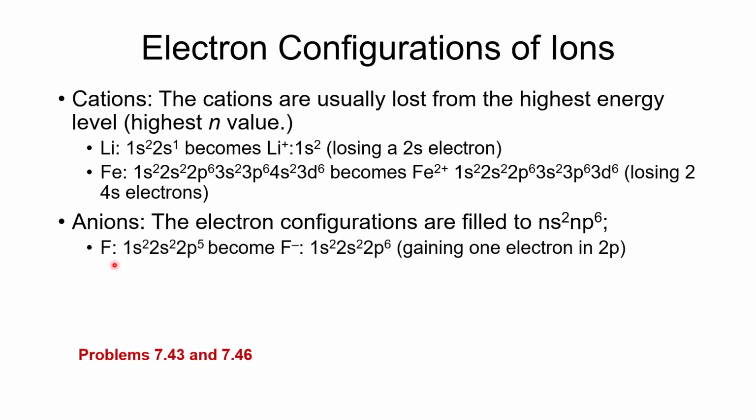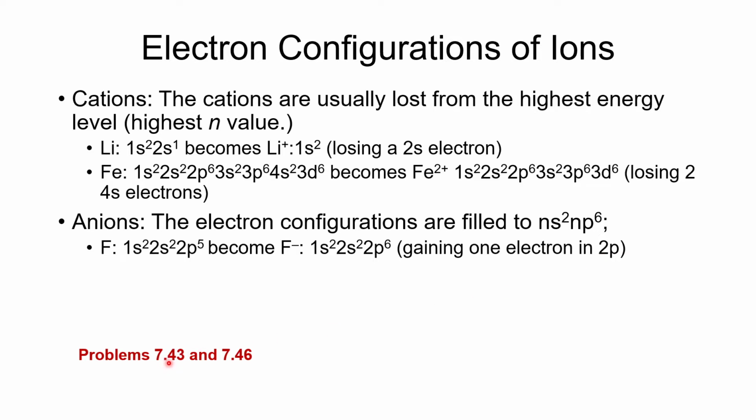For fluorine, as an example, the electron configuration is 1s2, 2s2, 2p5. Typically it will pick up an electron and become fluoride, 1s2, 2s2, 2p6. We'll have 8 in its outer shell. Again, octet rule, we'll talk about that more later. So we've got 1 extra electron in that 2p subshell.